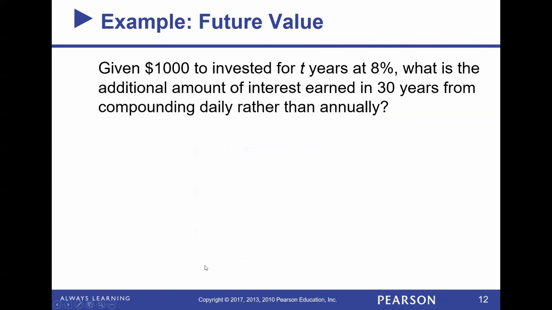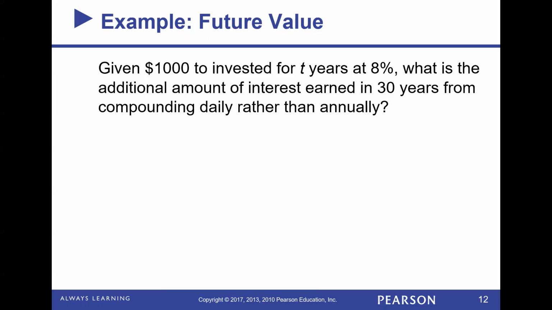Besides just writing equations, the question is going to ask us to actually write out some of these problems. So you're given $1,000 to invest for 2 years at 8%. What is the additional amount of interest earned in 30 years from compounded daily rather than annually?